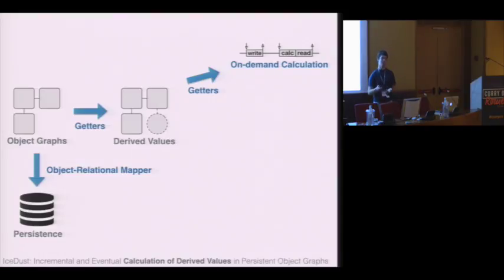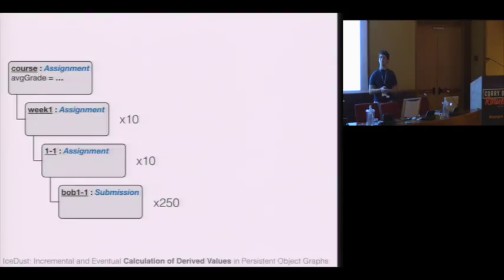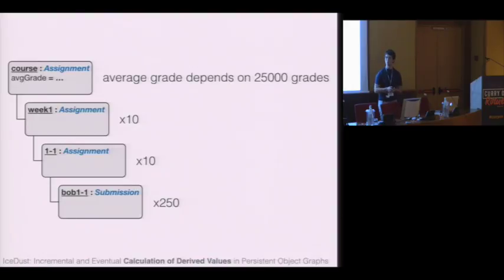And this is kind of nice, but if you have a very big course with 10 labs and every lab 10 assignments and then 250 students submitting answers, that means that the average grade of the course will now depend on 25,000 values. And if you use an object relational mapper, that means that every time that you get a request to display the average grade, you will load 25,000 objects from the database and calculate every time you ask for this. So this is not efficient.